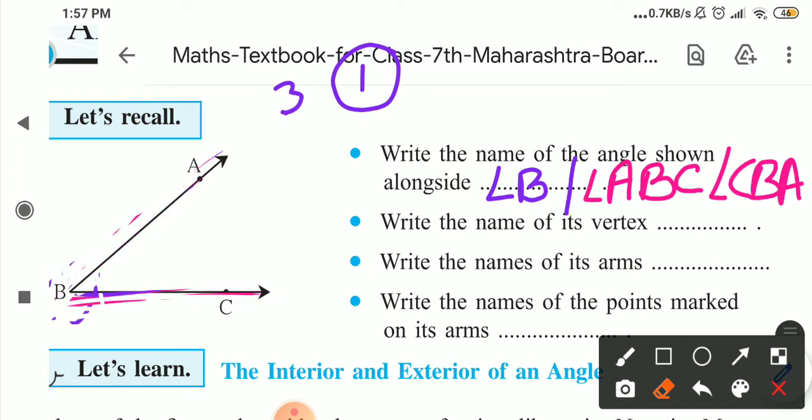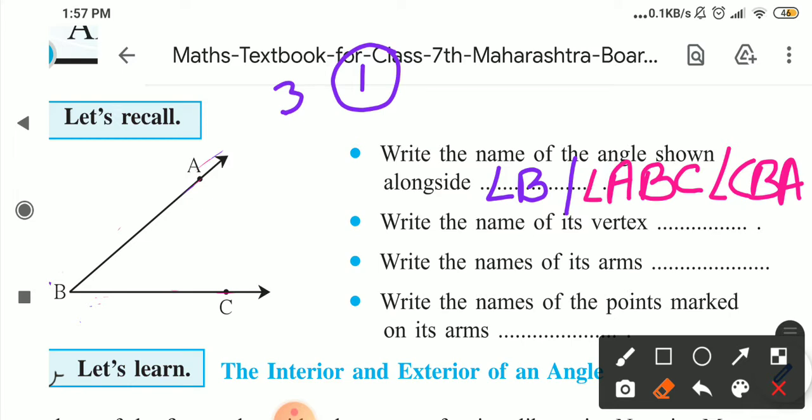Every time the reading is different. Sometimes at home we have a nickname like Sonu, and elder brother, elder sister, younger sister use different names to call us. In the same way, the angle also has different names.